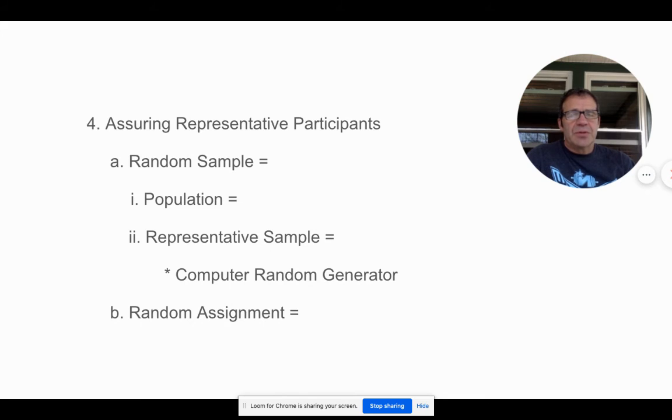To get a random sample, we need a representative sample. And a representative sample, pretty much what it sounds like, truly represents the population studied.